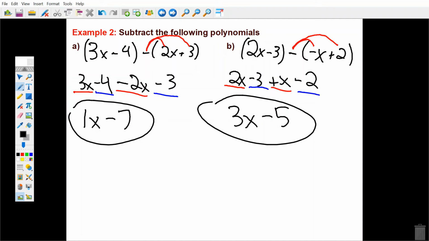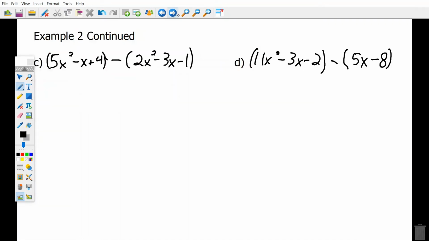All right, let's try one a little bit harder. On this one, we have two trinomials, 5x squared minus x plus 4 minus 2x squared minus 3x minus 1. So I see it's a subtracting question. I have to distribute that negative sign.